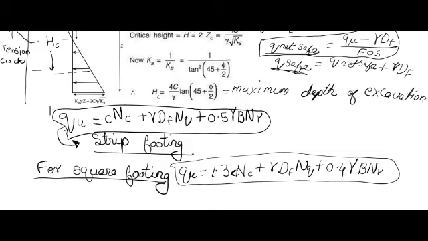In this case we have to find Qu for strip footing. For that we need Nc, c, gamma, depth of foundation, breadth of foundation and everything else. So what has the problem given us?